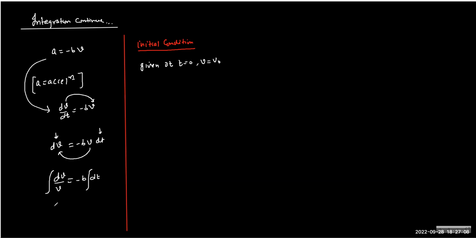So this will result into integration. What is dv by v integration? Tell me, guys. dv by v, similar to the dx by x. What is the integration? Siddhant, tell me. What is dv by v integration?